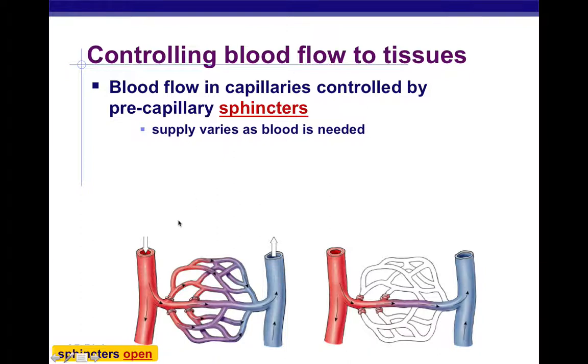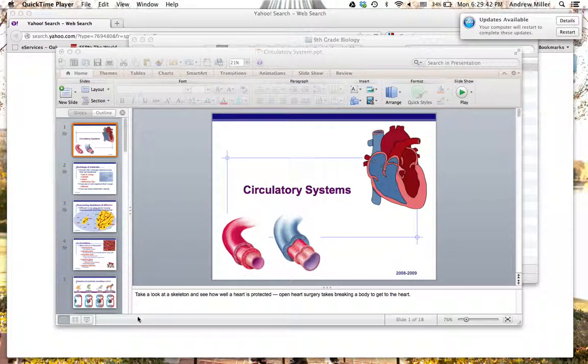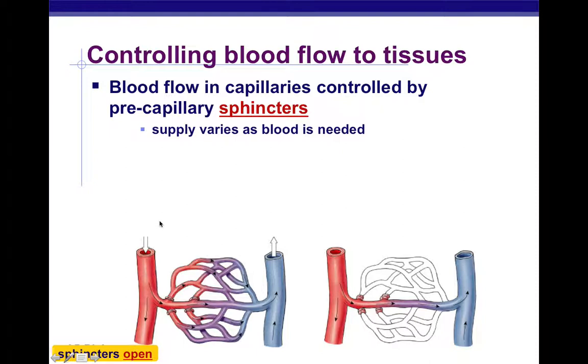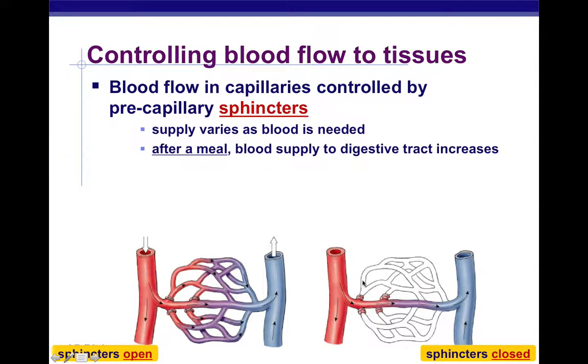So we look here, we have sphincters open, and up here sphincters are closed. What this allows to happen is after a meal, your body wants to focus a lot of the blood towards your digestive tract to pick up as much nutrients as possible.